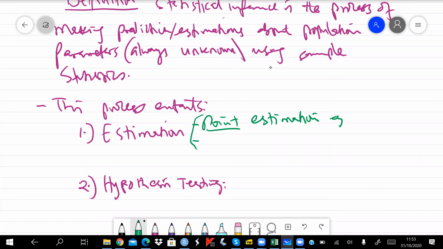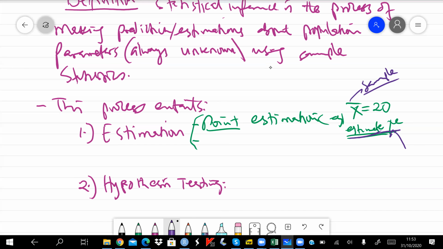For instance, if you get X bar, the mean from the sample, is 20, you can use this one to estimate mu. So you can say mu is approximately 20. So this is the sample information, these are points from the sample, and then this is the population.